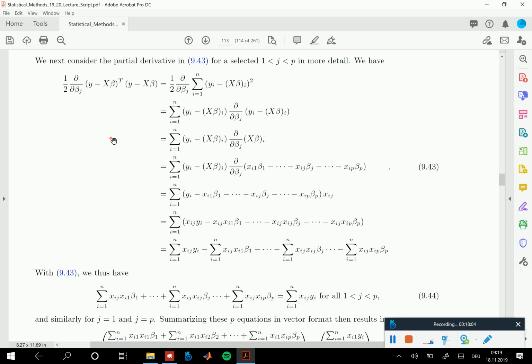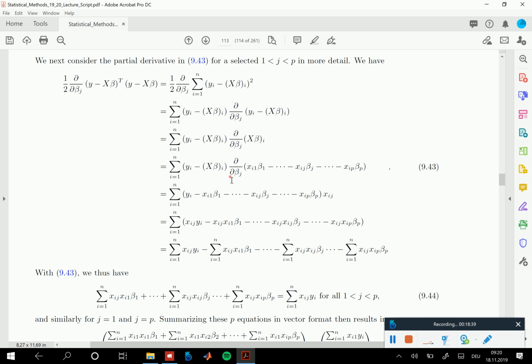So far so good, and then one actually has to compute a little bit. If one now evaluates this, what I'm doing here is first writing this vector product in terms of a sum of all the deviations of the data from the predicted data, and then computing the derivative using the chain rule, and then this 1/2 also goes away. Then, what am I doing next?